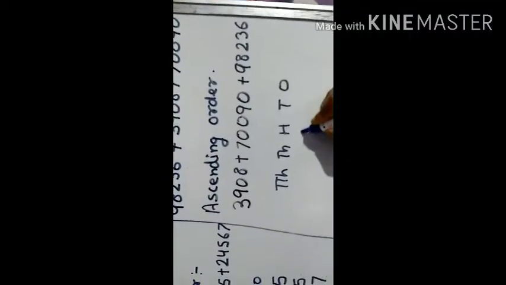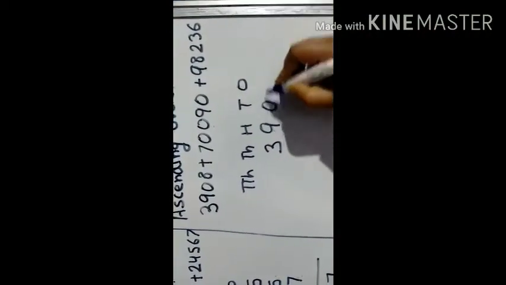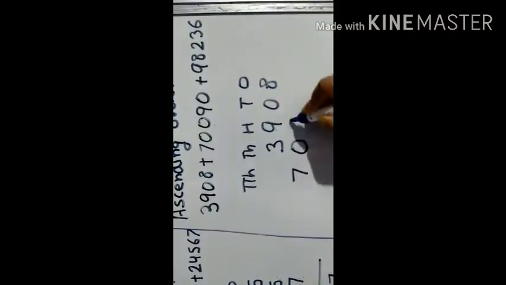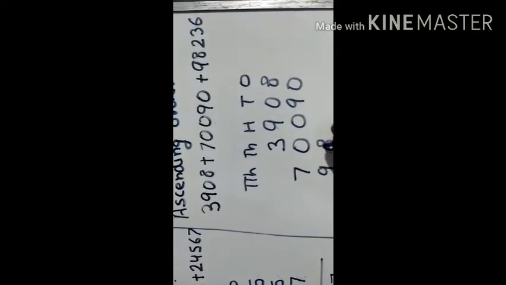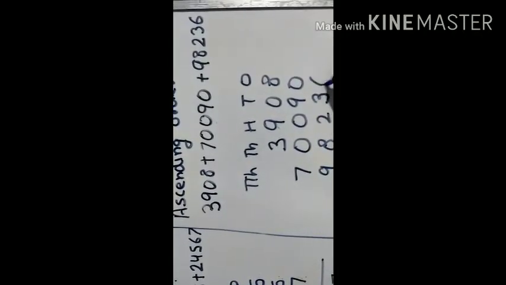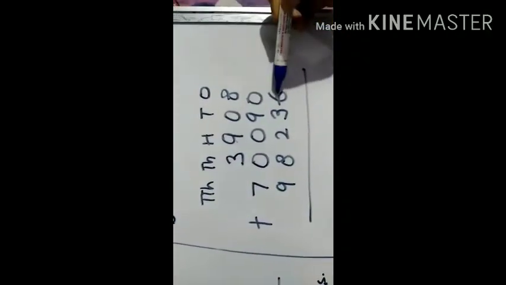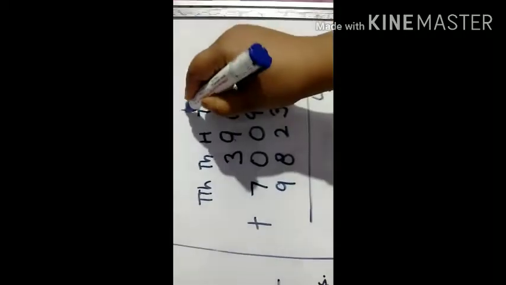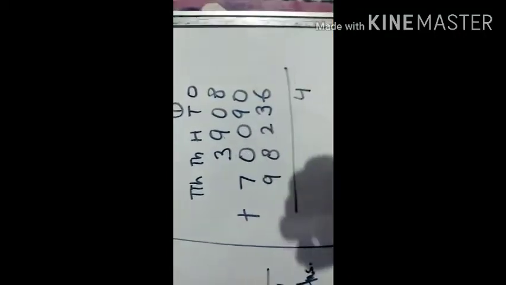So ones place, this is 3,908 plus 70,090 plus 98,236. Now let's add. 8 plus 6 is how much? 14. Write 4 here, carry 1. 1 plus 9, 10. 10 plus 3, 13.